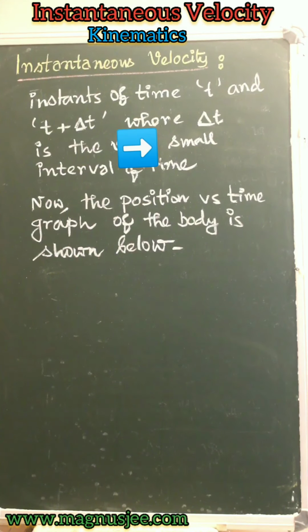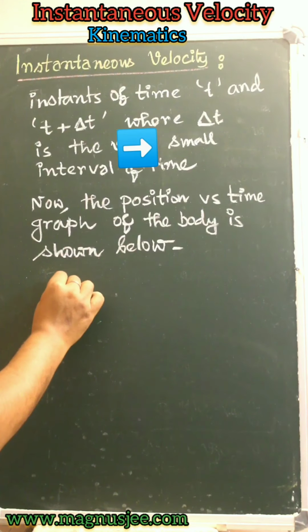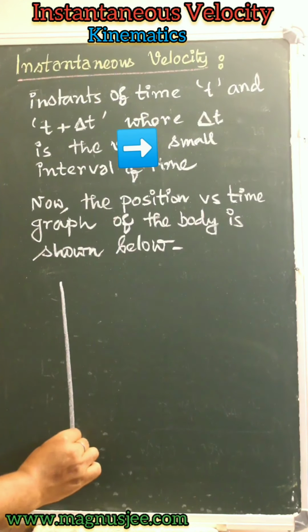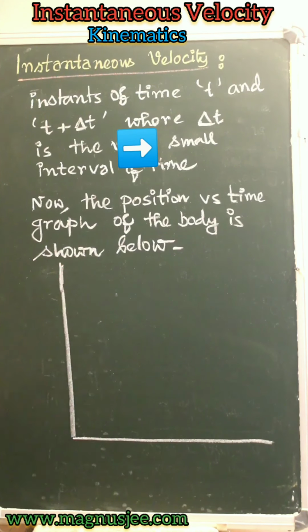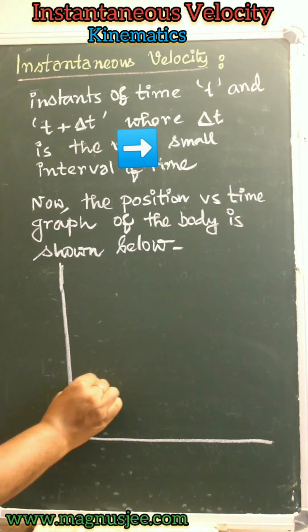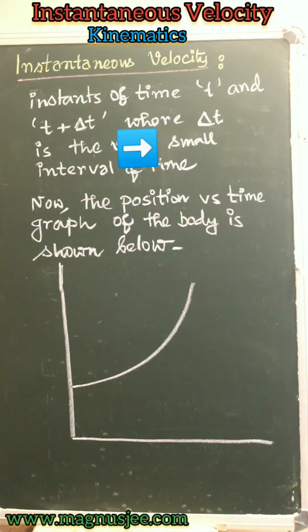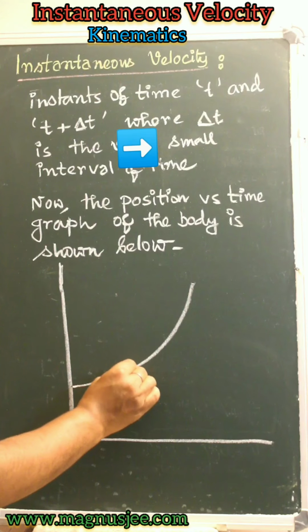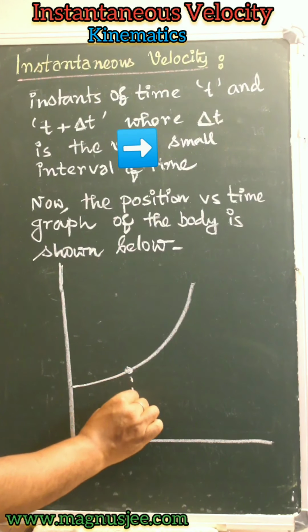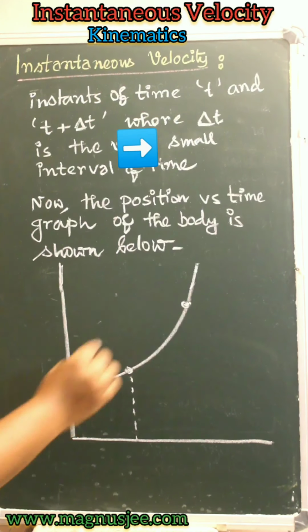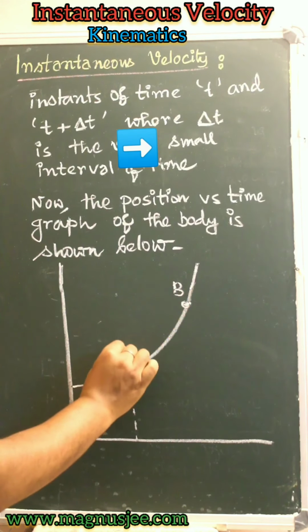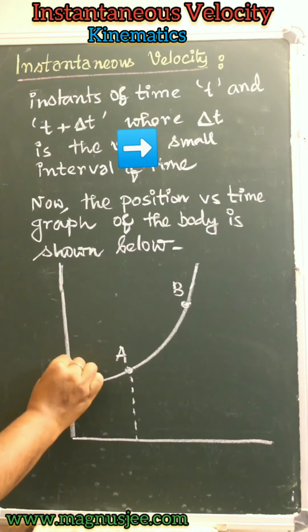Along the vertical axis, we plot position, and this is the position versus time graph. There are 2 points on this graph, A and B.